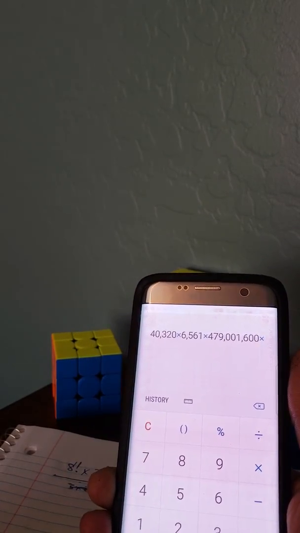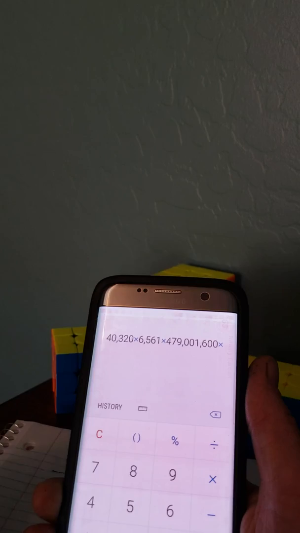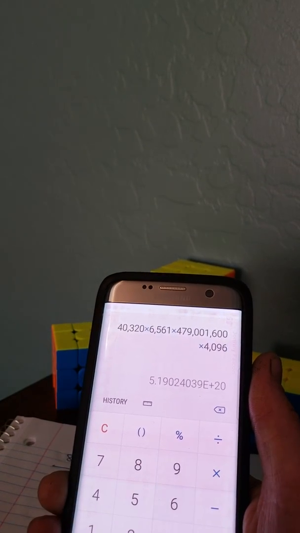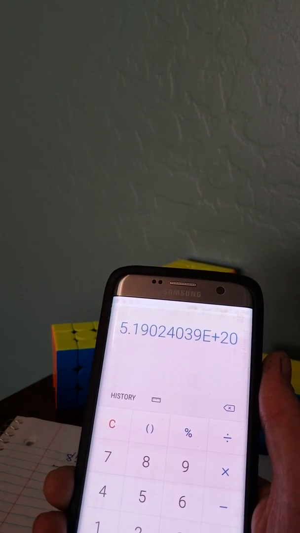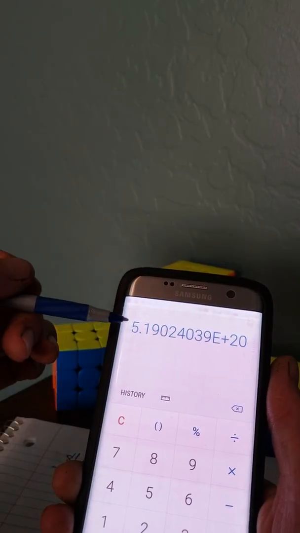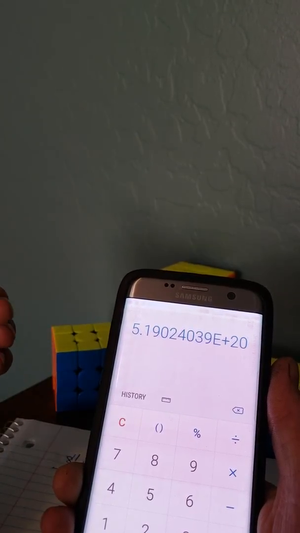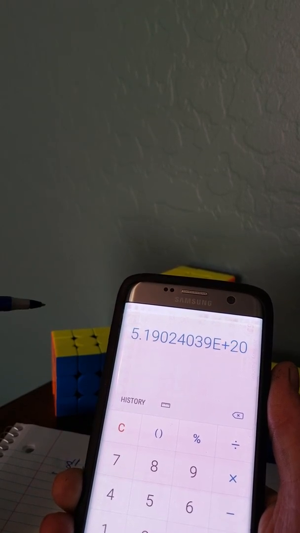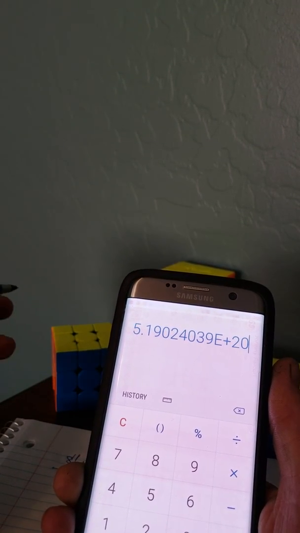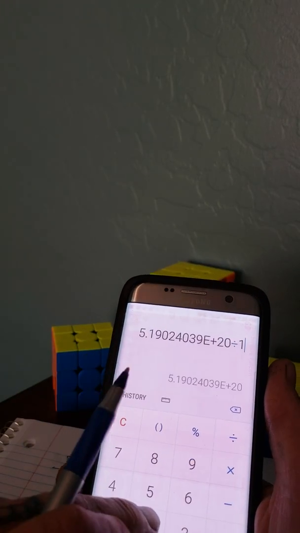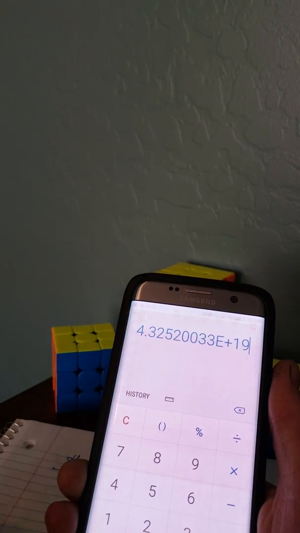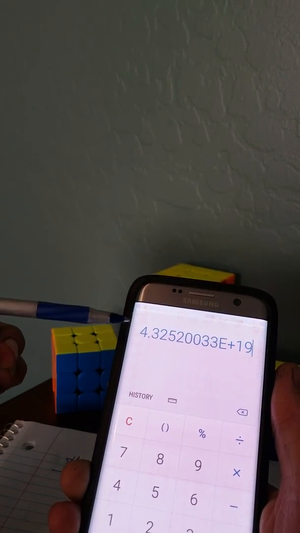And we multiply that by 2 to the power of 12, which is 4,096. What we end up getting is 519 quintillion, which is 519 billion multiplied by another billion. But we have to divide it by 12. What we get is 43 quintillion.